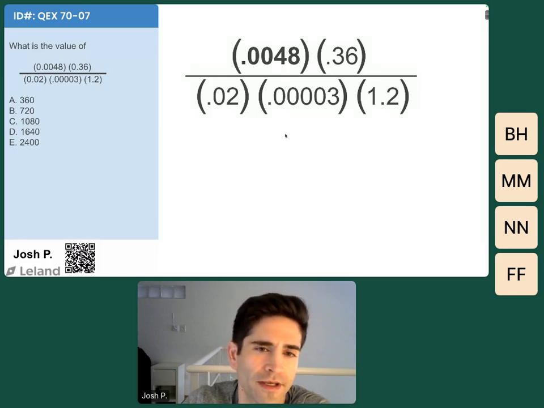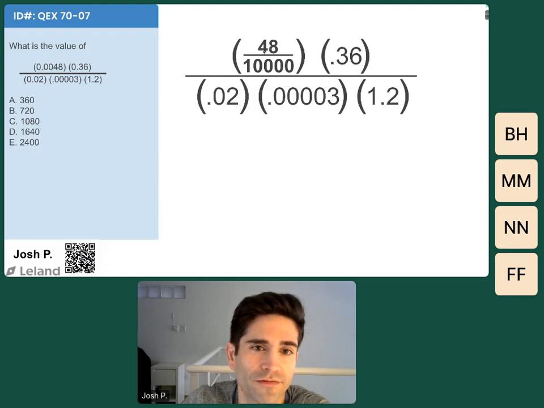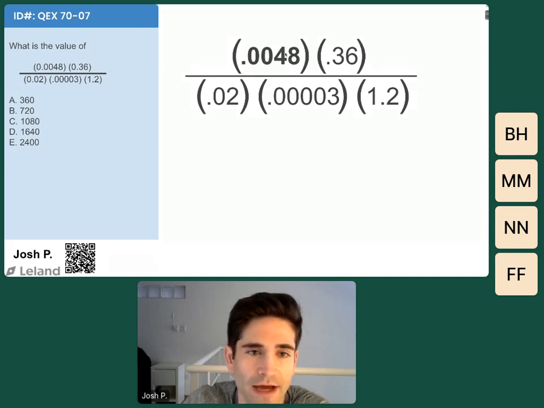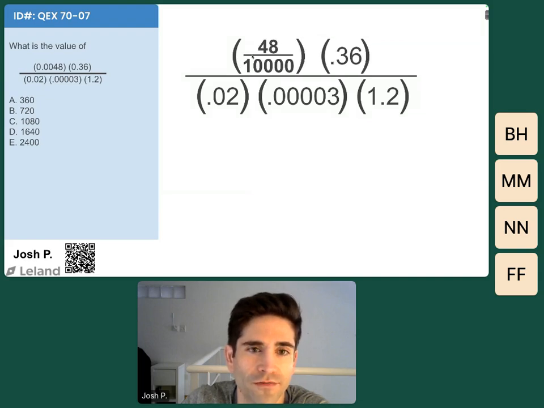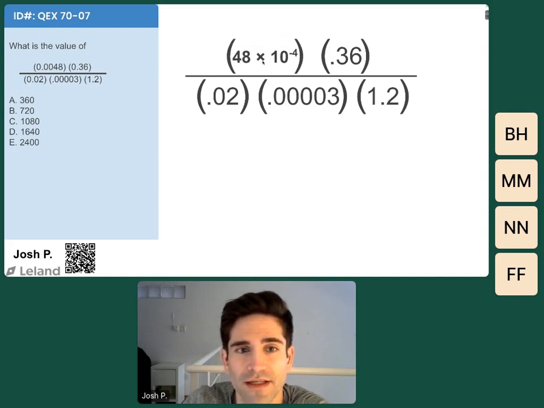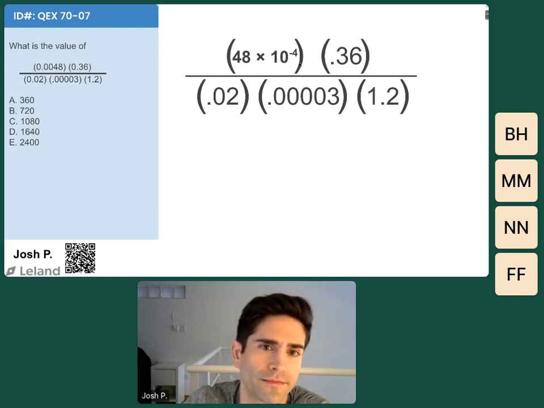0.0048. This is equivalent to 48 over 1 followed by 4 zeros, because we have 4 spots to the right of the decimal point. So 48 over 10,000 is equivalent to 48 over 10 to the fourth, which is equivalent to 48 times 10 to the minus 4.